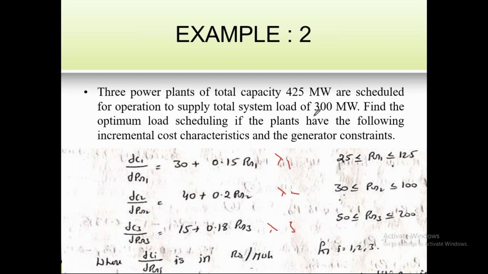Similarly, our total demand is 300 megawatts. So PD can be written as Pg1 plus Pg2 plus Pg3 equals 300. That is the second equation. By using these 2 equations, find the value of Pg1, Pg2, Pg3.